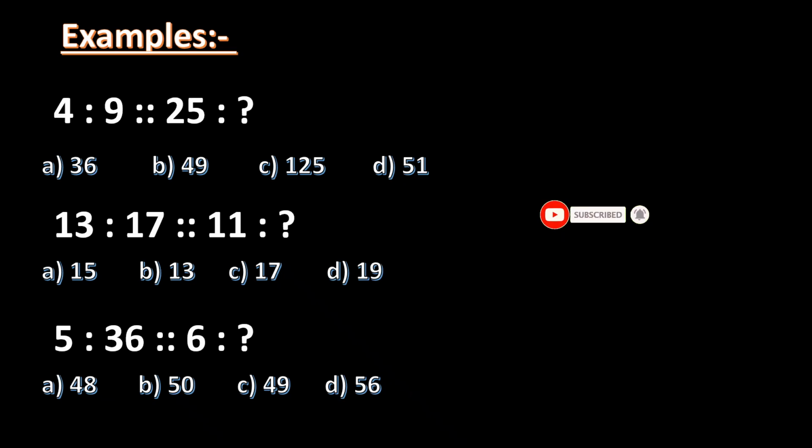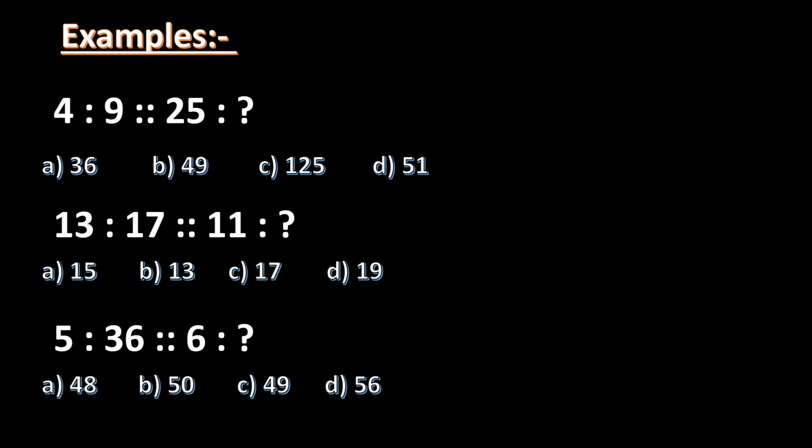Okay, students, so we will solve the examples now. First example you can see: 4 is to 9, then 25 is to what? That you need to solve. How will we solve this?